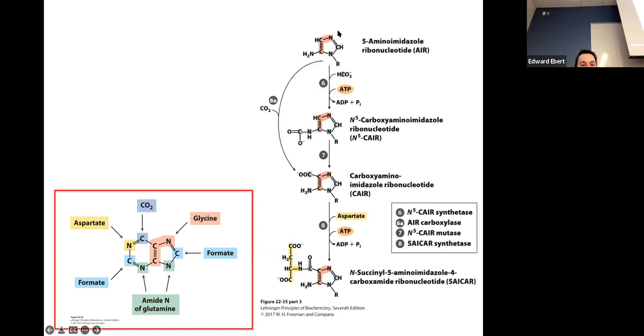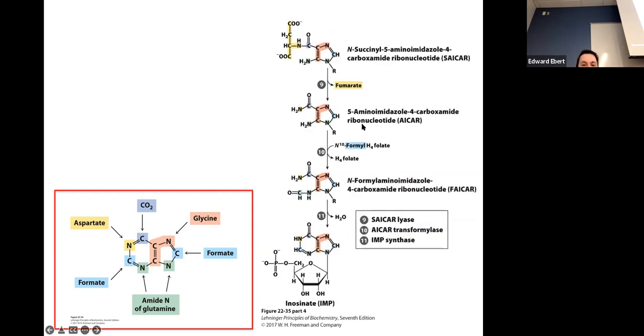And then we continue this process and start building in the other ring for our purine. So remember, our purines have that double ring system. We keep going. We go from AIR to N5-CAIR to CAIR, and so on, and then SAICAR. We just keep on going, keep adding stuff, and close that ring. And so now we have built this ring on our inosinate.